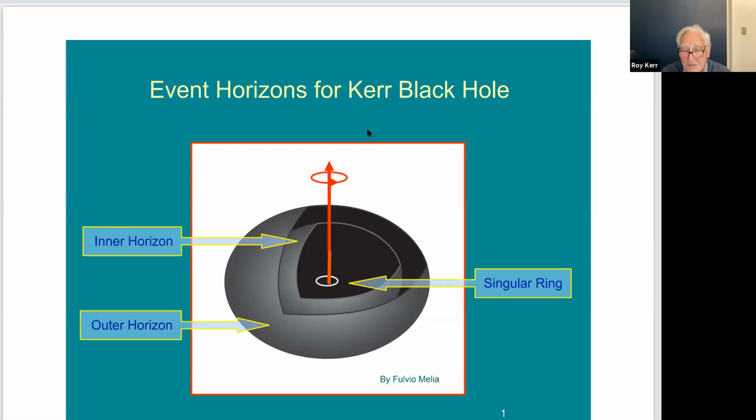It just means there's matter there. So we can forget everything inside that inner region, because inside that inner region, there's going to be matter of some form or other, which I'll talk about later. Next slide, please.